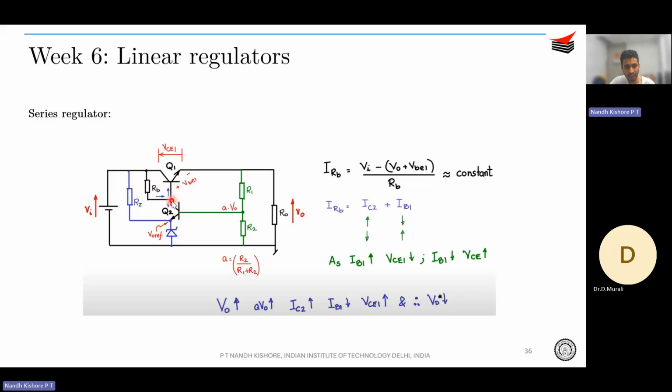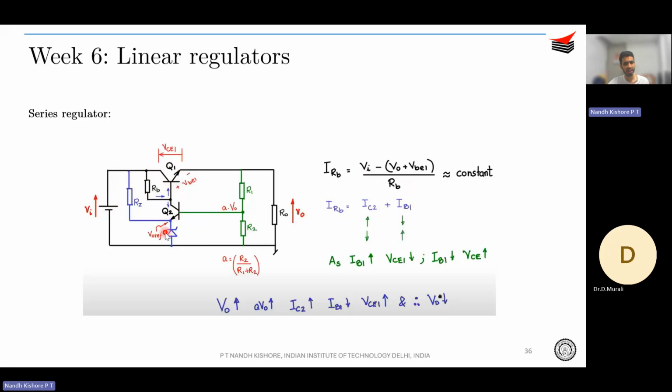So if you apply KCL at this node, then what you get, IRB is equal to the collector current of Q2, IC2, plus the base current of Q1, IB1. So if your IRB is constant, if IC2 increases, IB1 has to decrease, or if IC2 decreases, IB1 has to increase. So how is IC2 related to your V0?